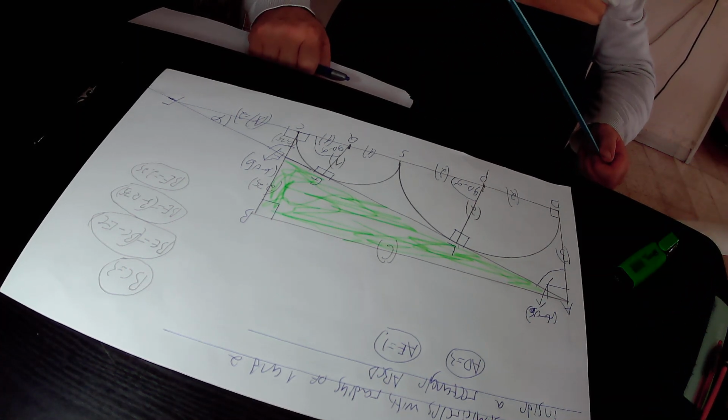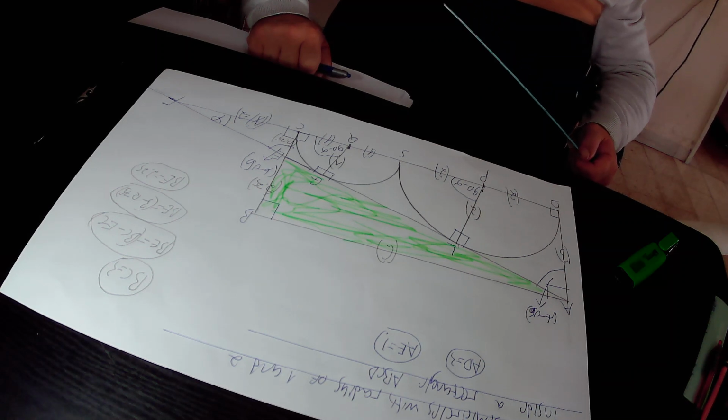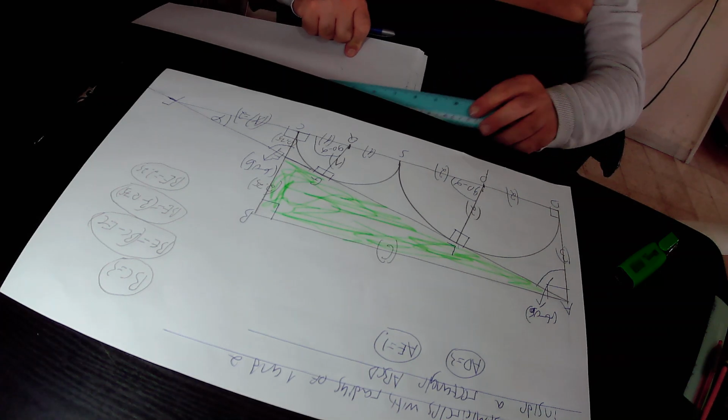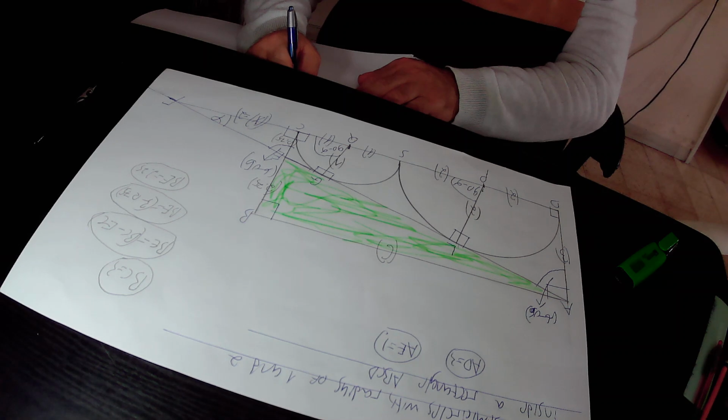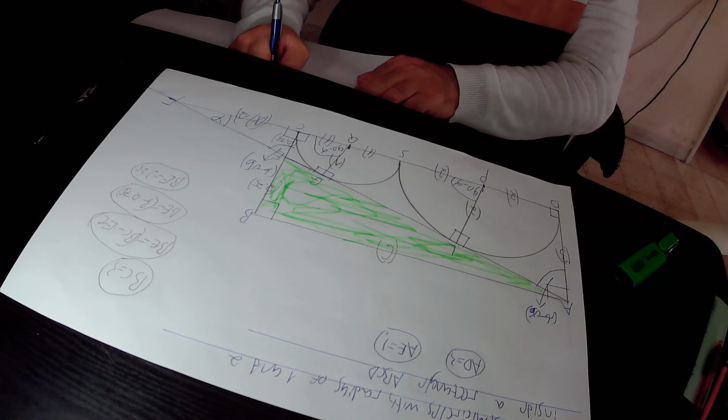According to the Pythagoras theorem, in any right triangle, the square of the hypotenuse equals the sum of the squares of the perpendiculars. Here is the relation for the Pythagoras theorem.